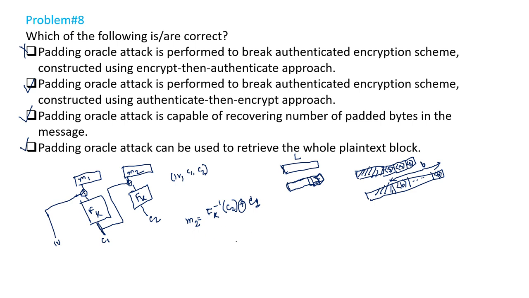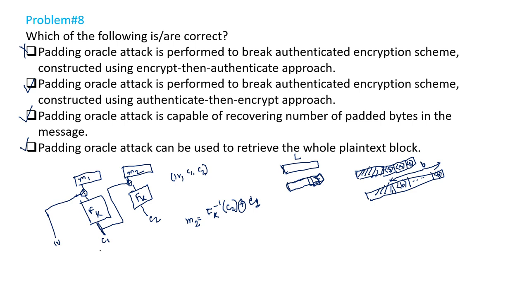Now the padding oracle attack happens in this way. First you start to corrupt, or do some bit flip, in the first byte of this ciphertext component C1, the previous block of the last padded block.